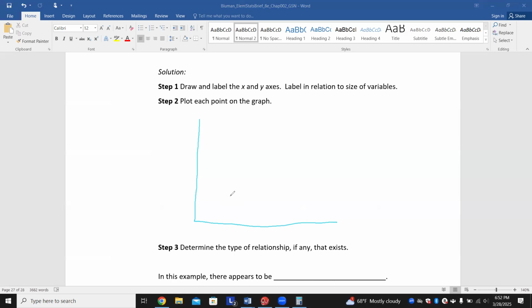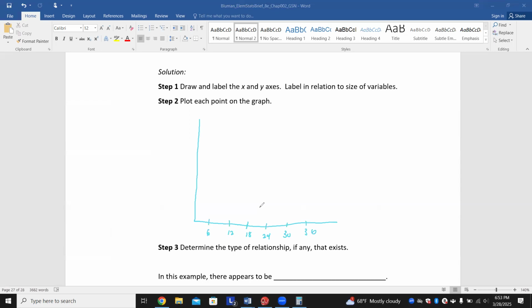I could probably start with 6 and then go by 6s. So this would be then 12, 18, 24, 30, and this would be 36, which I believe 34 is the highest. So perfect.